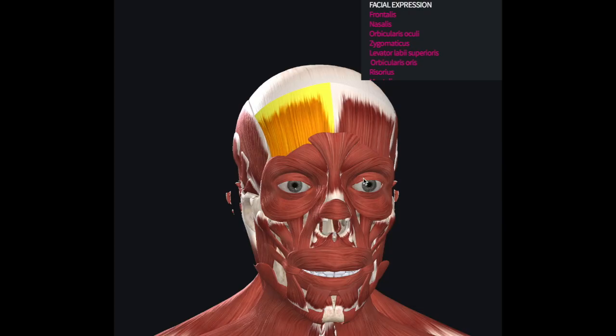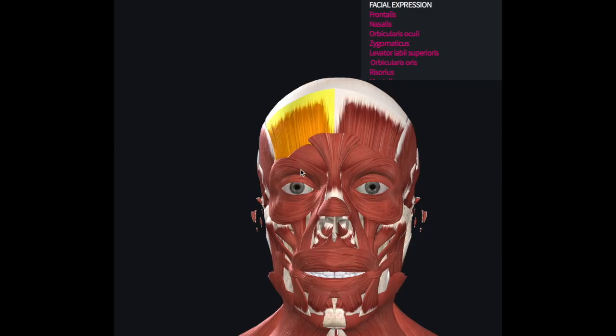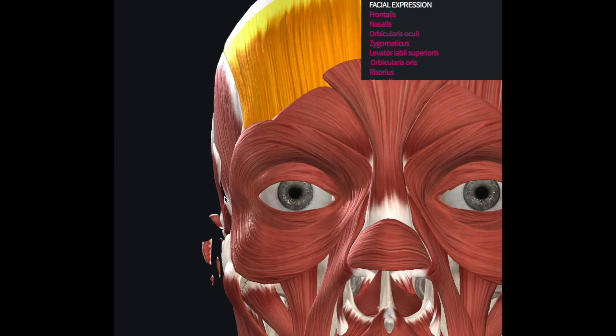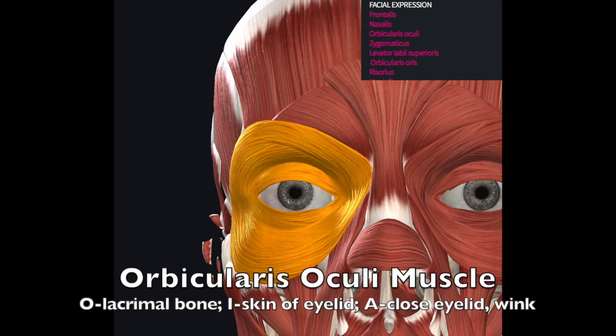The next muscle we're going to explore is the orbicularis oculi. And that's this circular muscle here that is just around our eye or our oculi area. And so this muscle has 2 attachment sites as well. It has the origin, which is just on the corners, the inside corner of our eye.